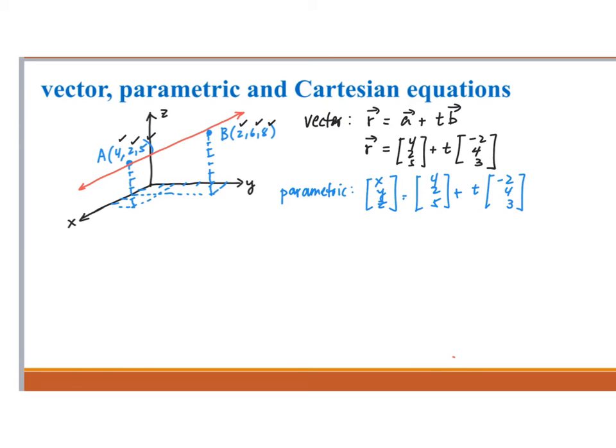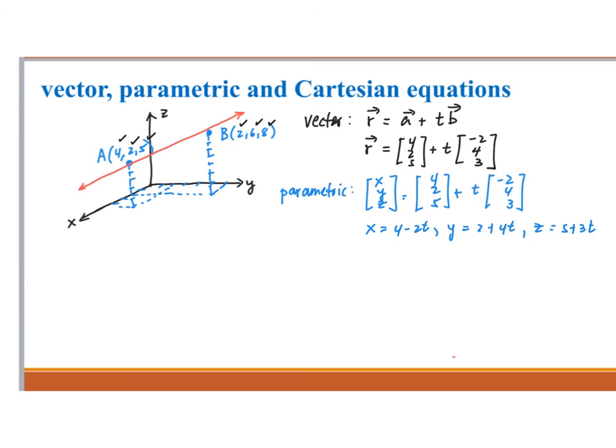And then break this down into the x part, the y, and then the z. So we will have x is equal to 4 minus 2t, y is equal to 2 plus 4t, and z is equal to 5 plus 3t. These are the parametric equations of the line.